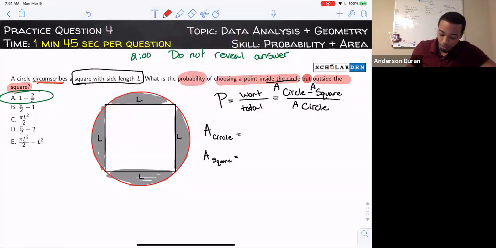How do we get either of them first? Well, I know that the area of the square is actually a little easier because we have the square of length L. So how do we get the area of a square again, everybody? Remember, it's the side squared, which in this case will be L squared. So far, so good?